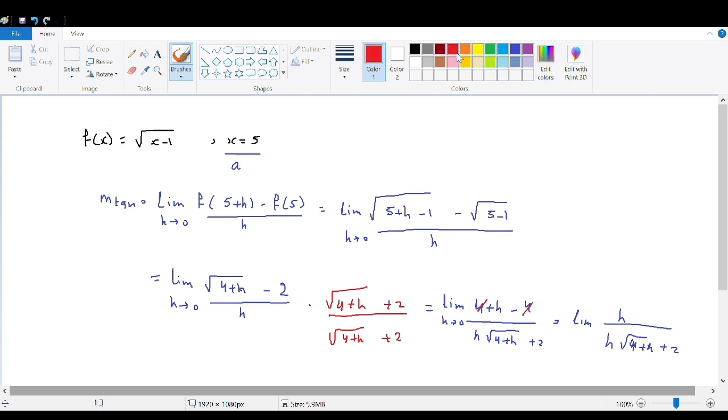From the numerator we have h, and for the denominator we have h, so we cancel these two h and we are just left with the limit of 1 over root of 4+h plus 2 when h approaches 0. Now with direct substitution, we are left with 1 over root of 4 plus 0 plus 2, which will give us 1 over 2 plus 2, which is 1 over 4. So the tangent slope is equal to 1 over 4.